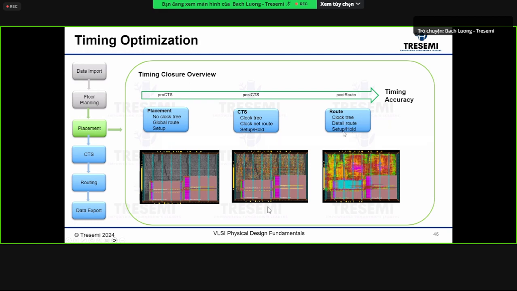So you get all the RC, all the real nets, and the timing is more accurate in post route. Timing is more accurate toward the end of the flow. We're currently at the placement stage, so the RC for the signal nets is estimated from global routes, and there are no clocks.